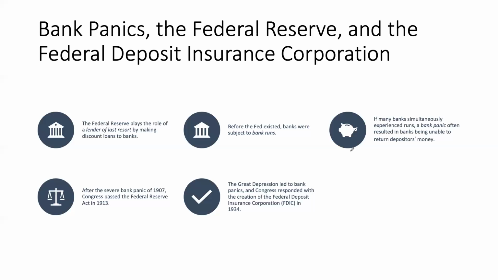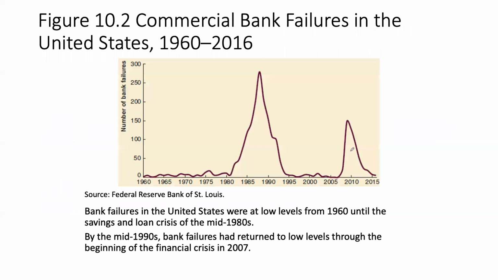So the Federal Reserve doesn't have to constantly step in and put out these fires, and banks can self-regulate in that environment. So between the FDIC and the Federal Reserve, basically bank runs have disappeared in the US. If you look at this history here, we have it from 1960 all the way up to 2016. For most of this period, there are some bank failures.